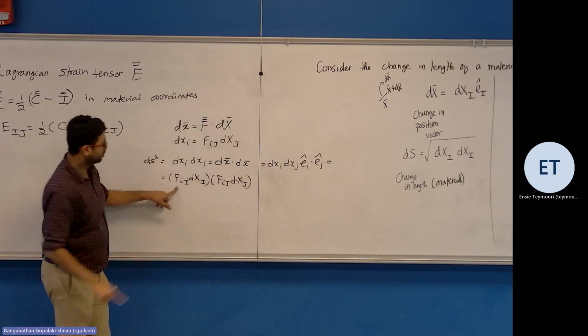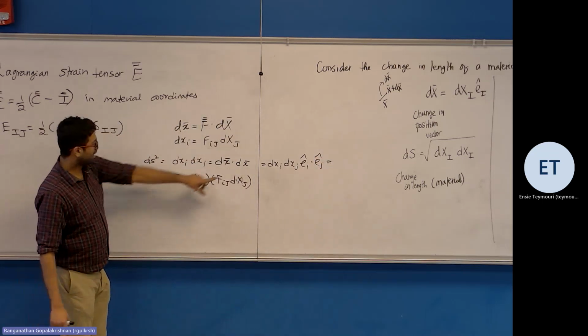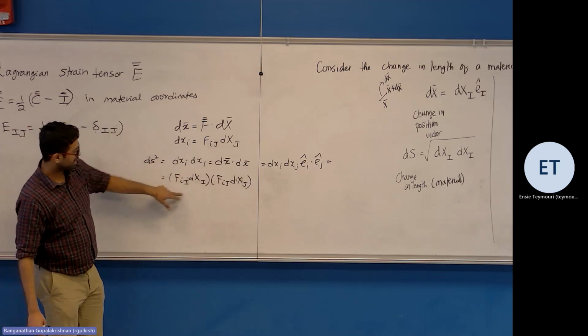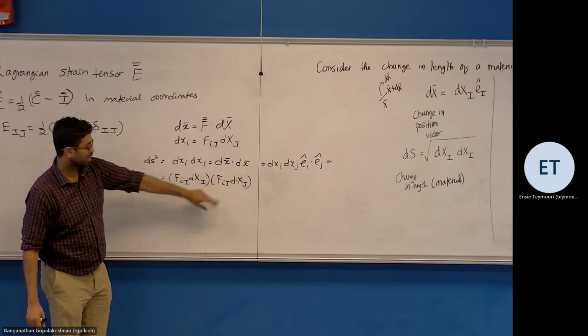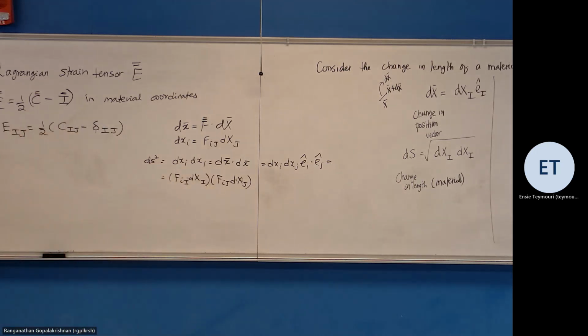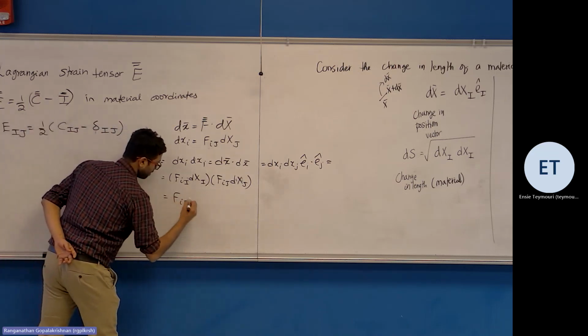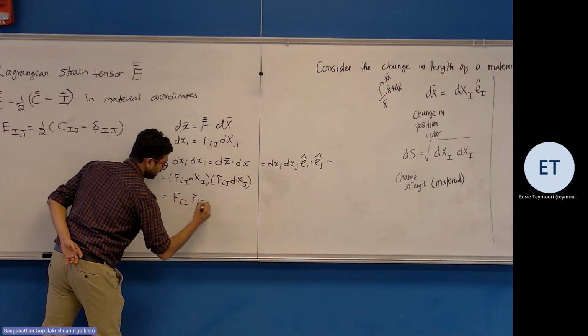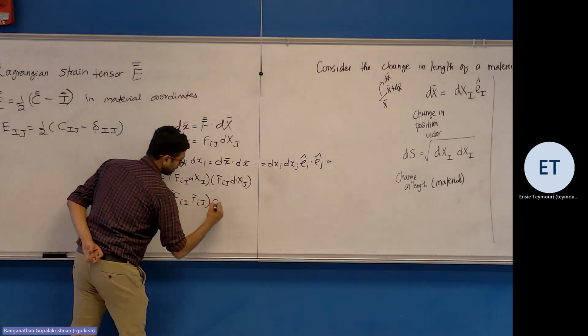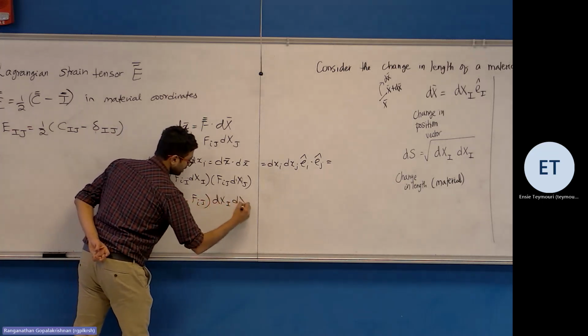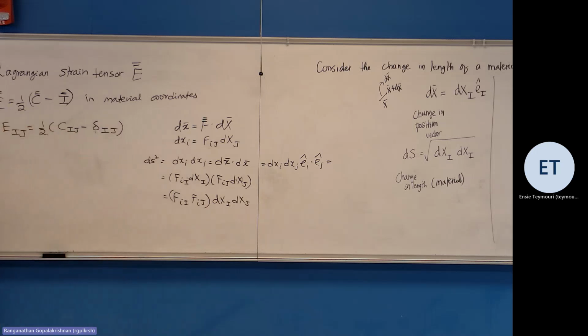It will again lead you to this. So that's why I have the i here. So I can write this as Fki Fkj multiplied by dXi dXj.